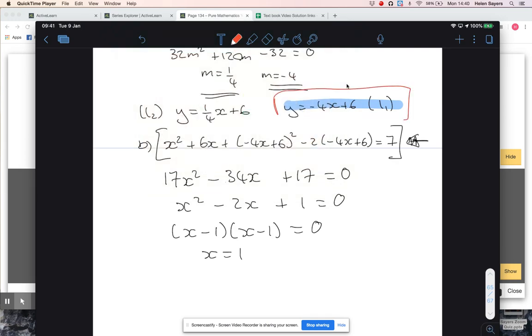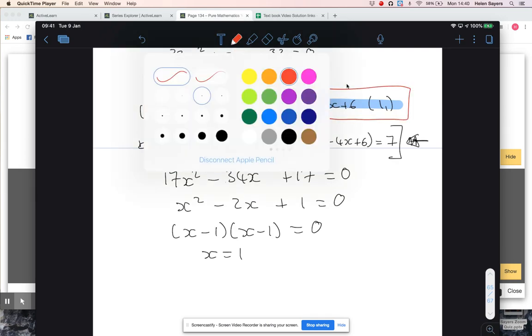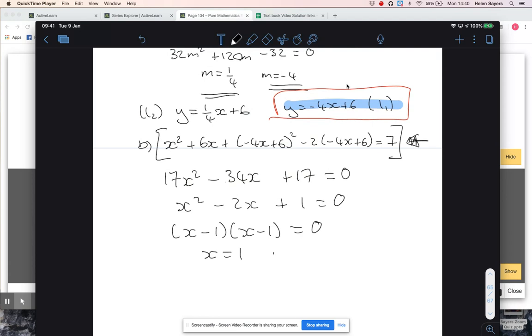So if x is 1, y is minus 4 times 1 plus 6, so y is 2, so my first answer is (1, 2).